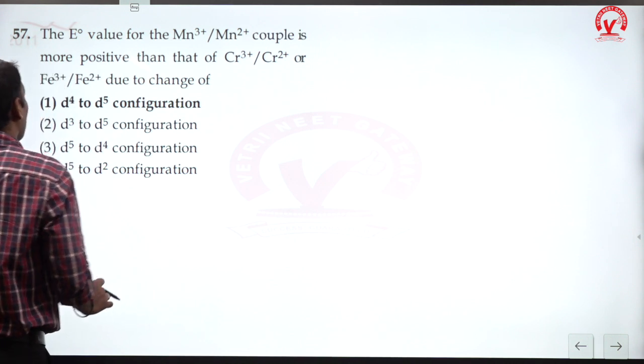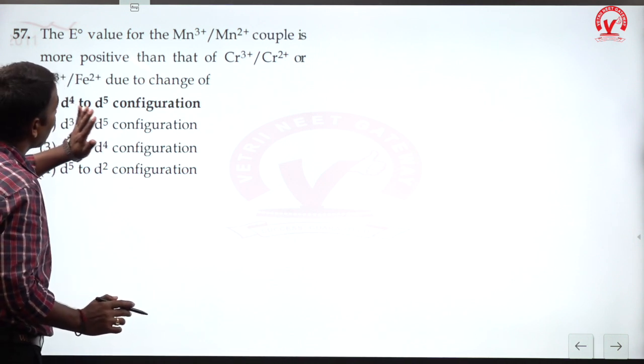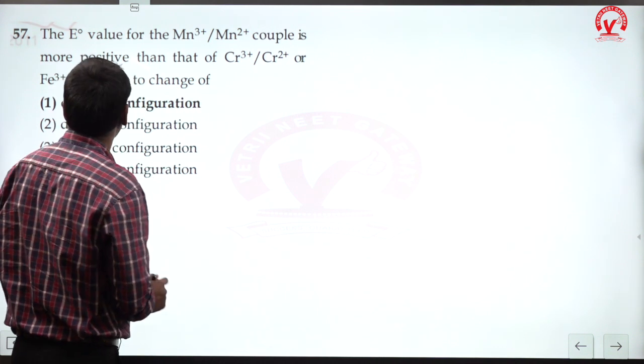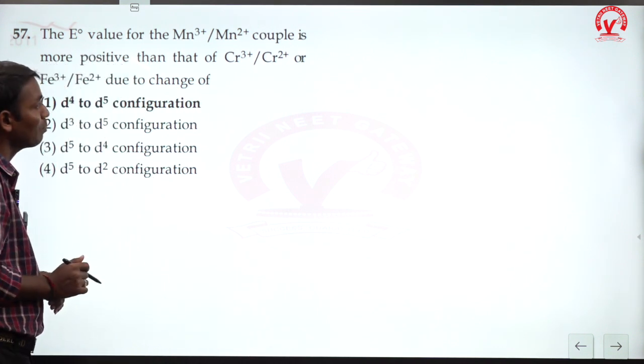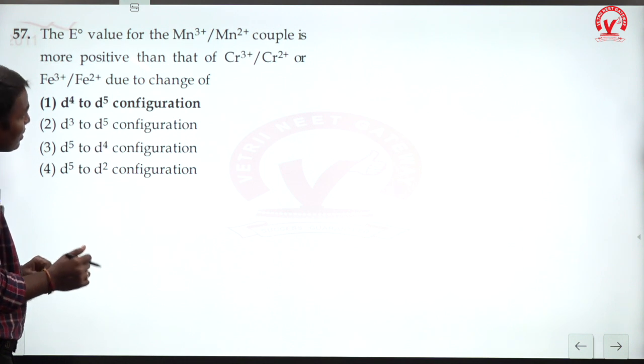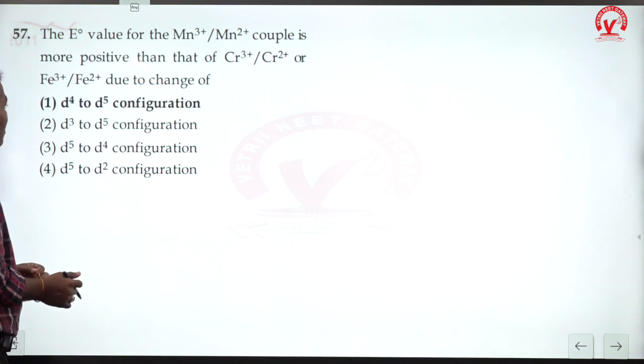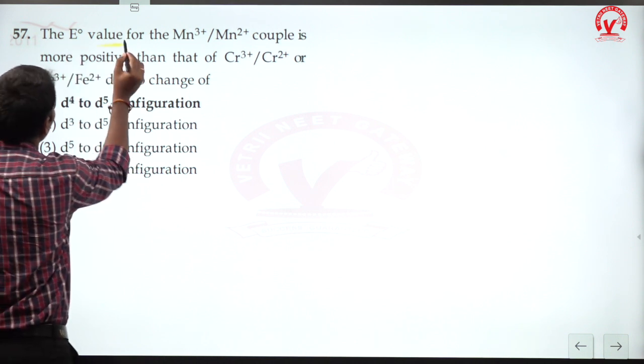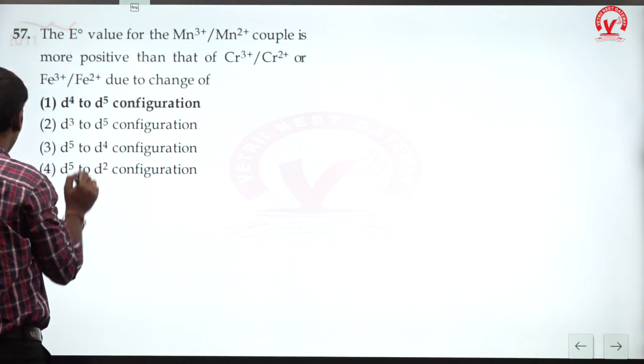The E0 value for the Mn3+ in Mn2+ couple is more positive than that of Cr3+ in Cr2+ or Fe3+ in Fe2+ due to change of... Actually, E0 value is nothing but standard reduction potential value.